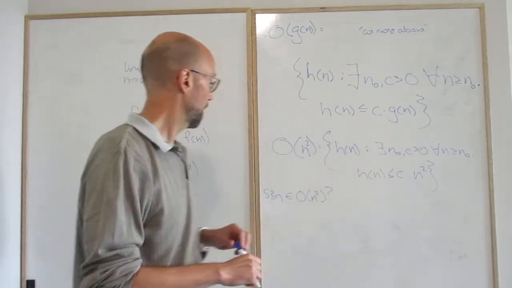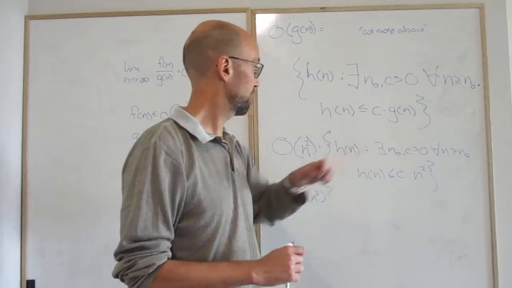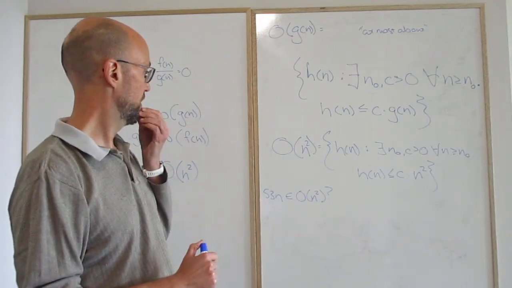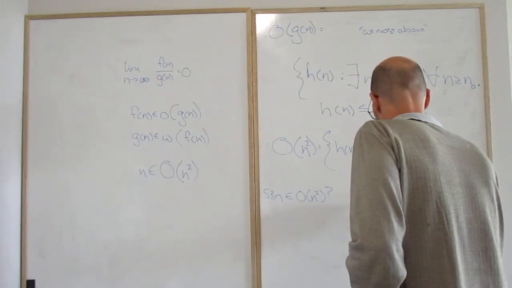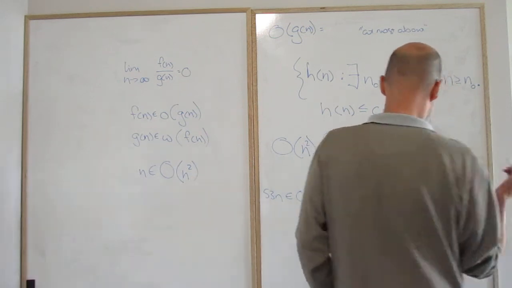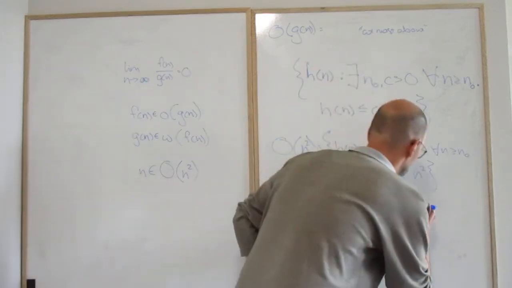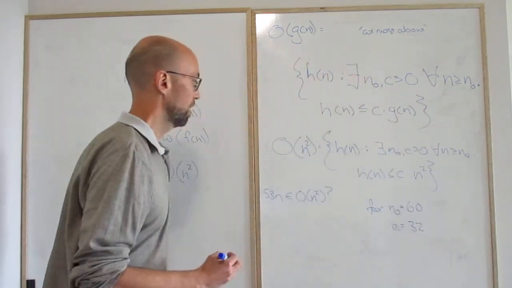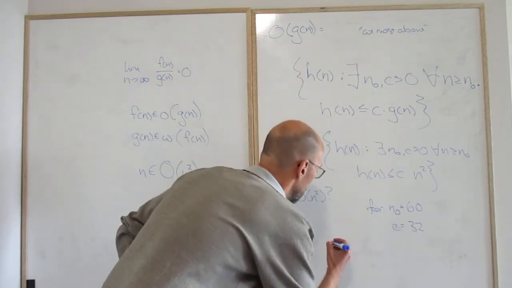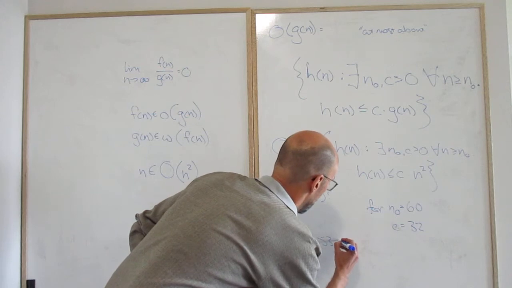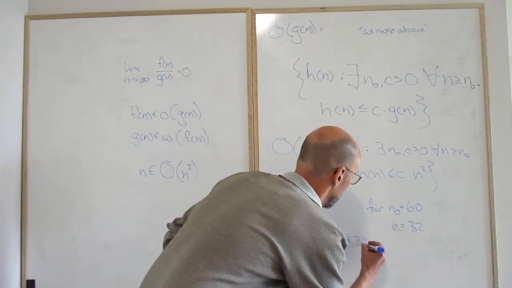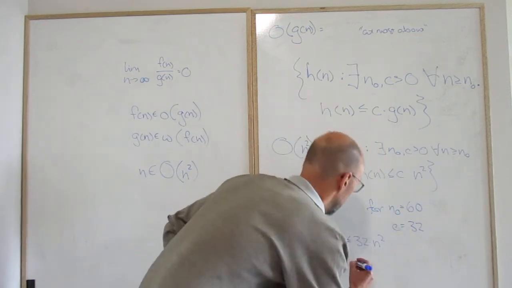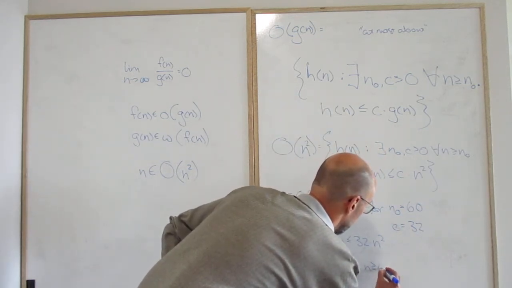Well, is there an n0 and a c such that for all n greater than or equal to n0, so yes, let's say, for n0 equals 60, c equals 32, do we have 53 times n is less than or equal to 32 times n squared for n greater than or equal to 60?